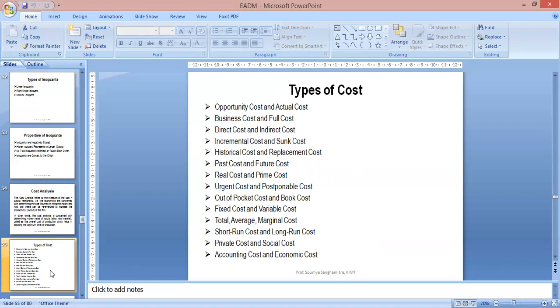And the opportunity cost may be defined as the loss of expected return from the second use of the resources foregone for availing the gain from their best possible use, since opportunity cost is the income expected from the second best alternative use of resources. Then it is also called alternative cost.